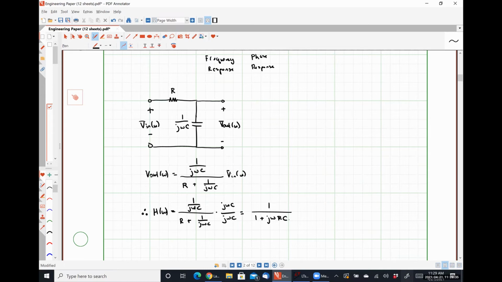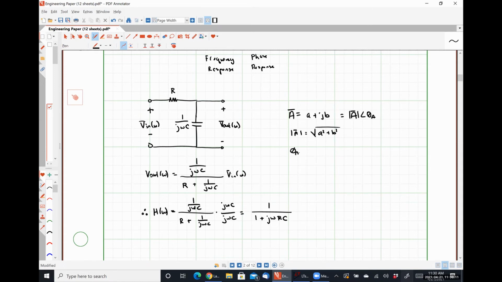Just as a heads up, recall that if we have some complex number A equal to a plus jb, so a real part and an imaginary part, and this is the same as the magnitude of A angle theta A, the magnitude of A is simply the square root of a squared plus b squared.